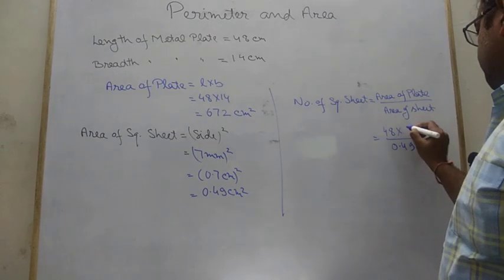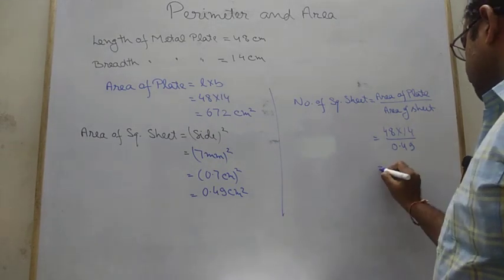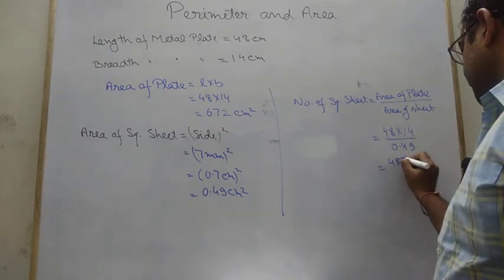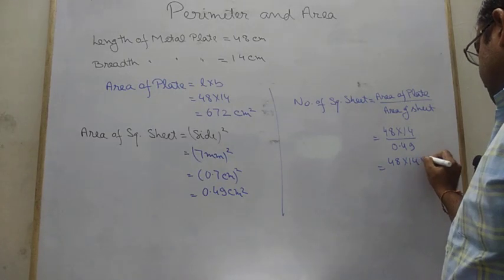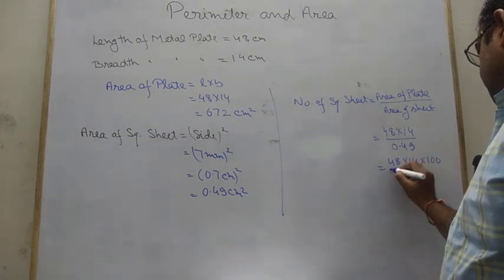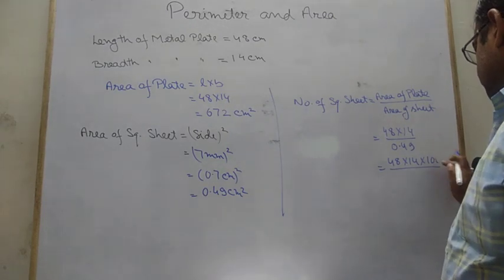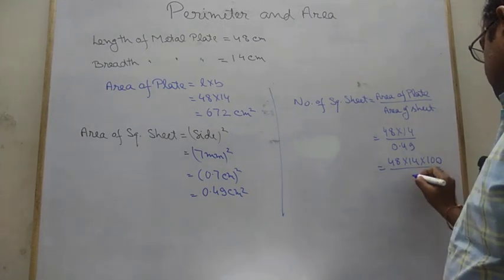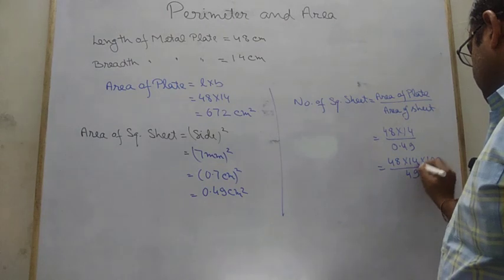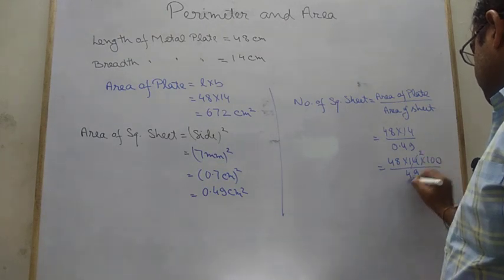First try to remove decimals. So we can easily write down 48 into 14 into 100 by 49. It's 100, na? 7 2's are 7 7's are 49.